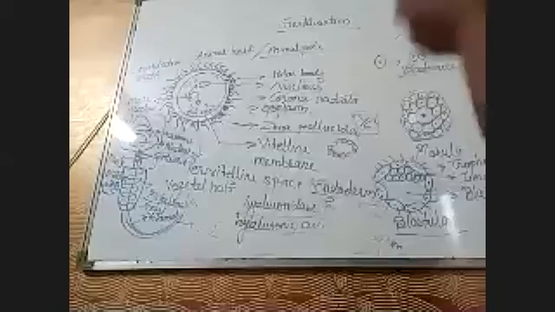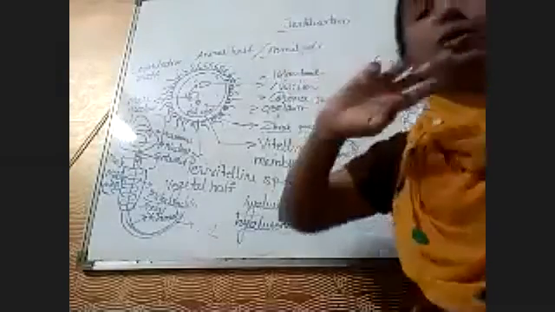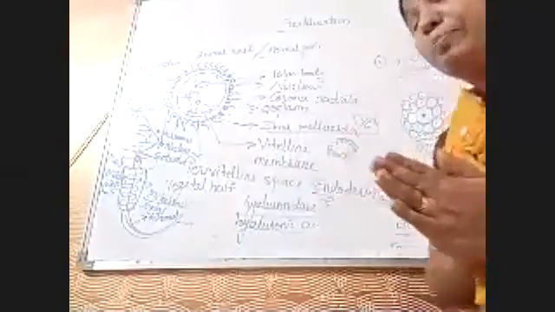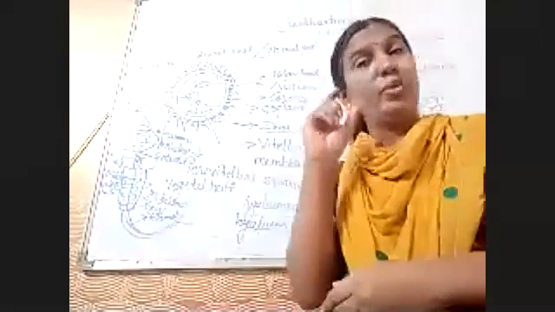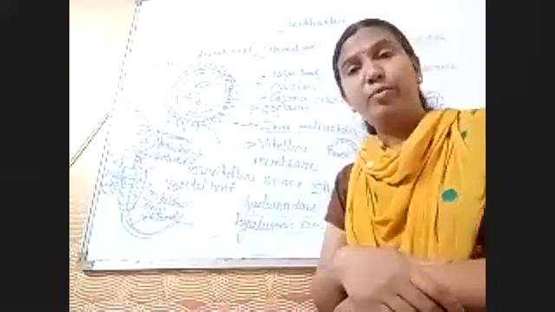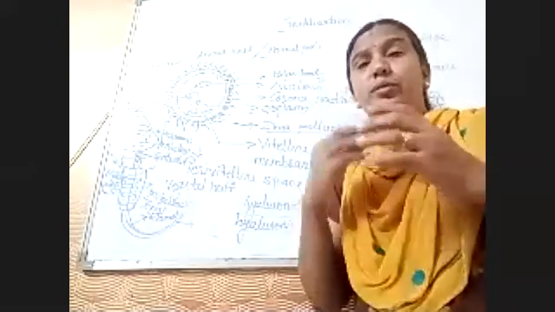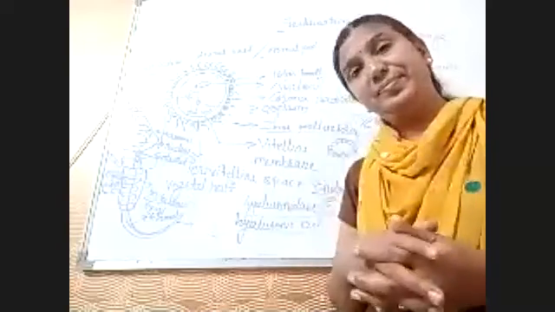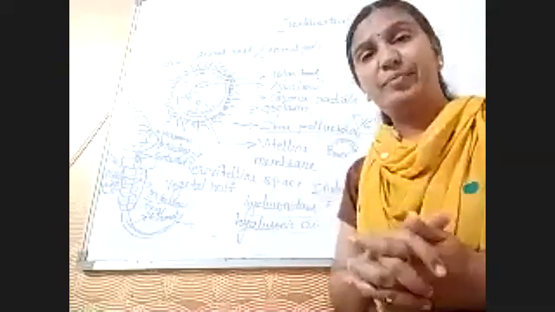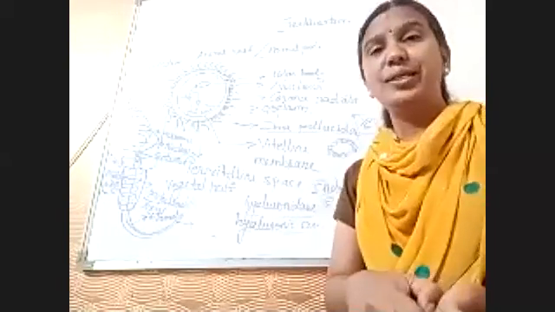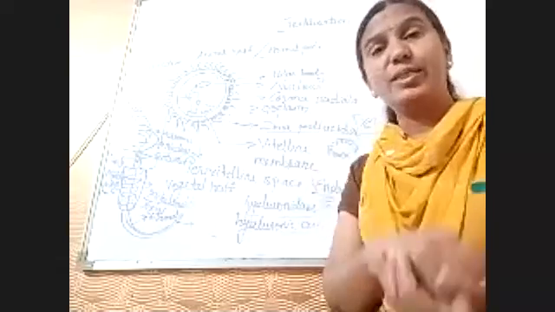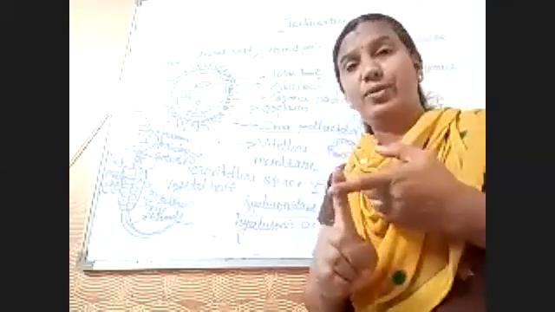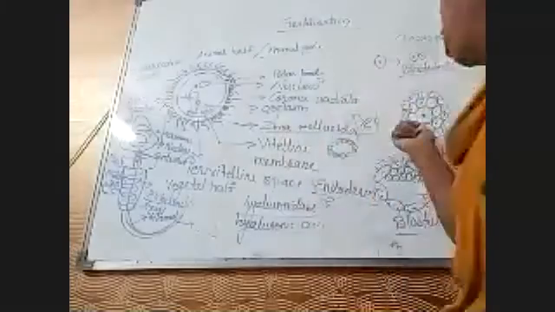Actually, cleavage means when the union of the nucleus of the male and the female gamete takes place. At that time only one single cell will be formed. That single cell will go on to multiply continuously. This multiplication takes place in 4 stages: cleavage first, cleavage second, cleavage third, cleavage fourth, and then the morula will form.